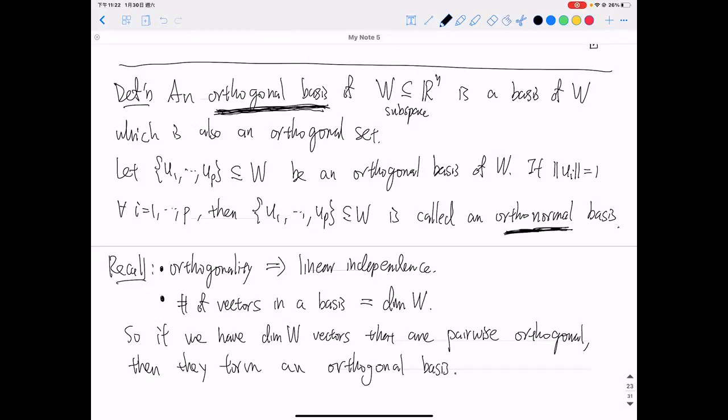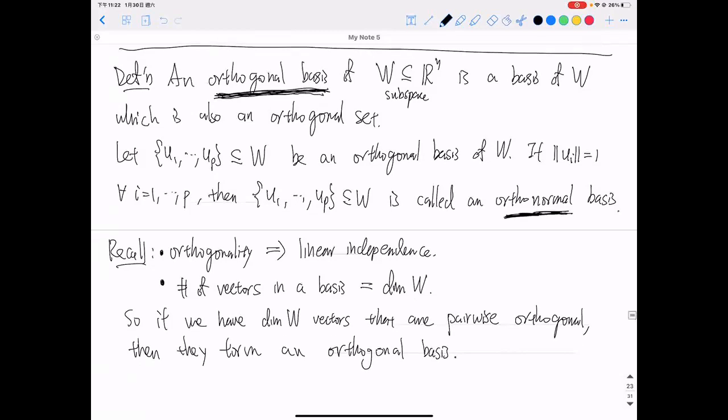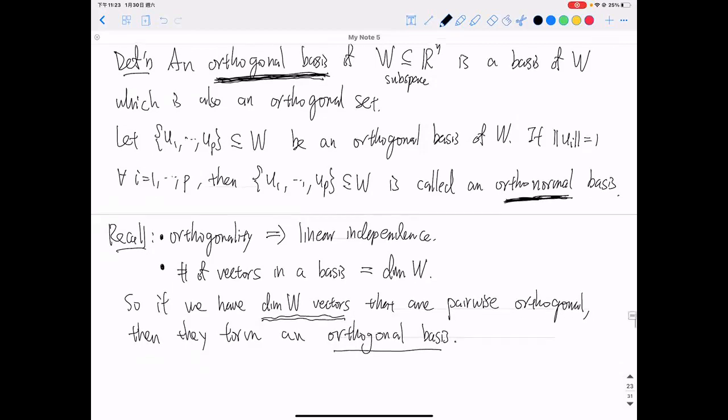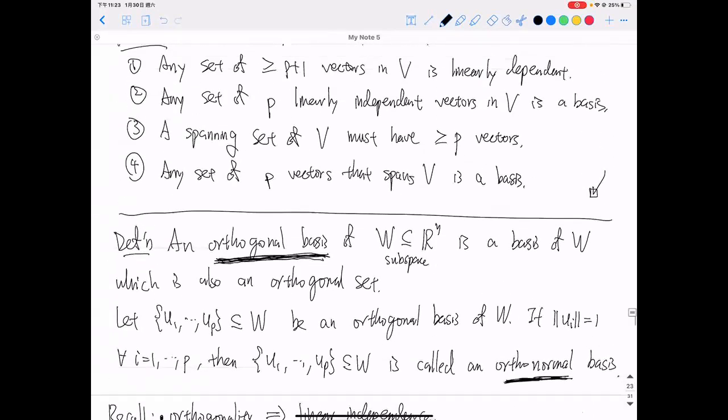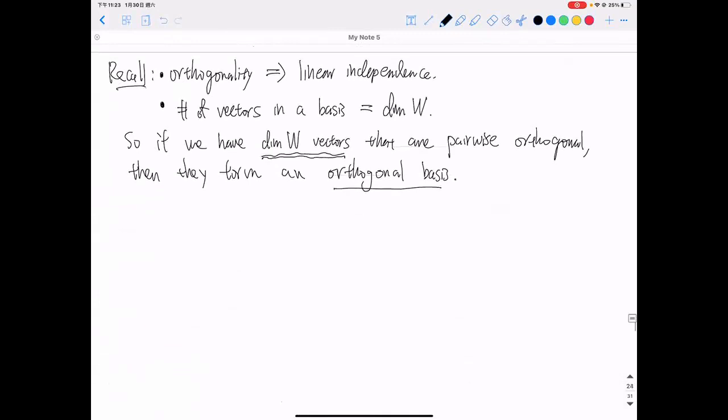Because if you have the correct number of elements, being a basis requires only one of two conditions: you just need linear independence or spanning, but being orthogonal implies linear independence. So therefore, you're guaranteed to have an orthogonal basis in this condition. Okay. Now let's look at some examples.